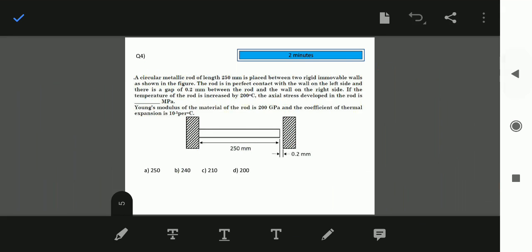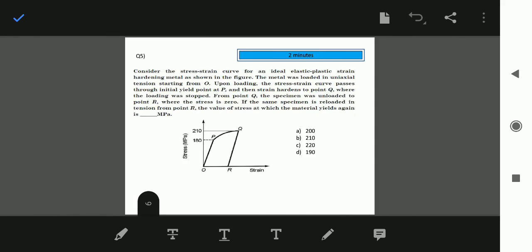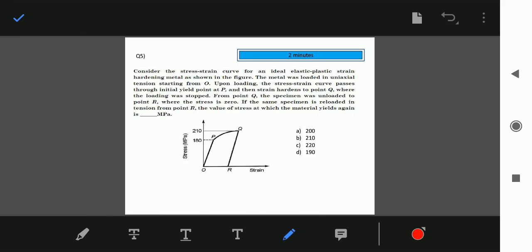Okay, so moving on to the next question, question number 5. See, this is a very easy and very conceptual question, because we don't even have to solve it by pen, we can solve it by theory. See here, yielding takes place on applying the load, and after removing the load, the strain that is caused is this much.